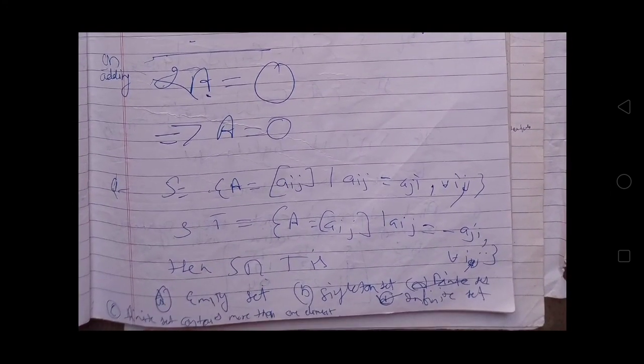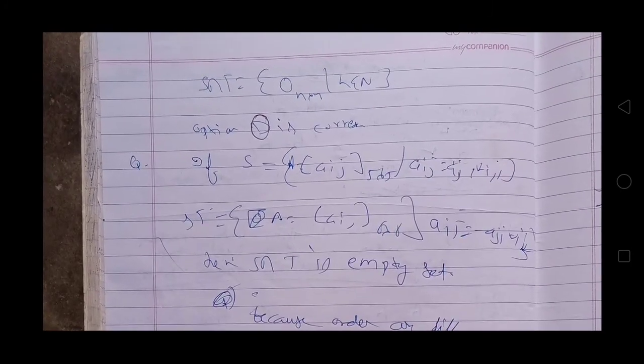Now see this question: if S is the collection of matrices A, with entries denoted by Aij, such that Aij is equal to Aji for all i, j, and T is the collection of matrices A, with entries denoted by Aij, such that Aij is equal to minus Aji for all i, j, then S intersection T is... You can clearly see that S is the collection of symmetric matrices and T is the collection of skew symmetric matrices. See, the order has not been mentioned, so the answer will be an infinite set.